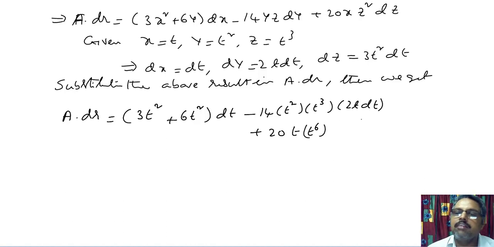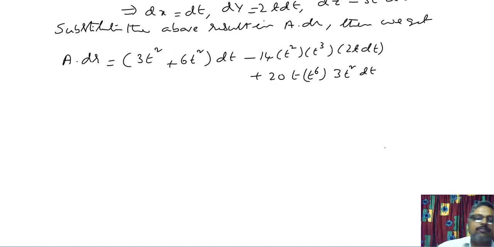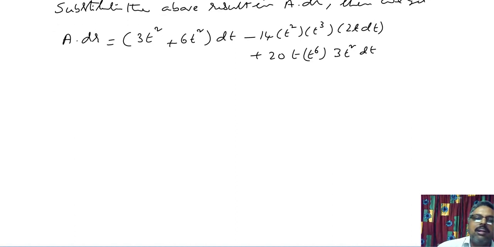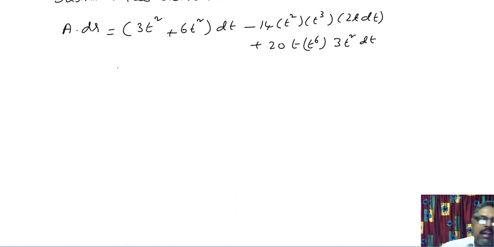Now simplify. Simplification is very easy. So the entire expression is transformed into a single variable, in terms of t. Now 28 t⁵ into t⁶ plus 60 t⁷ t⁹ into dt.